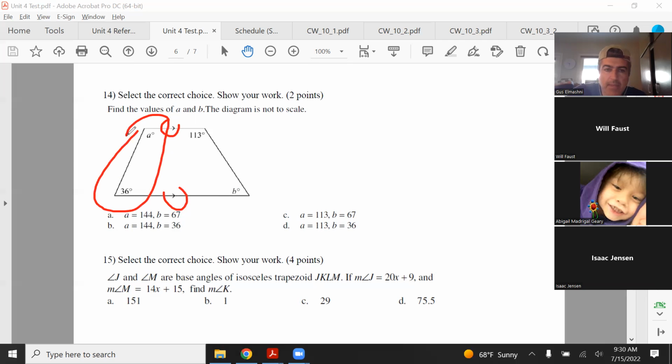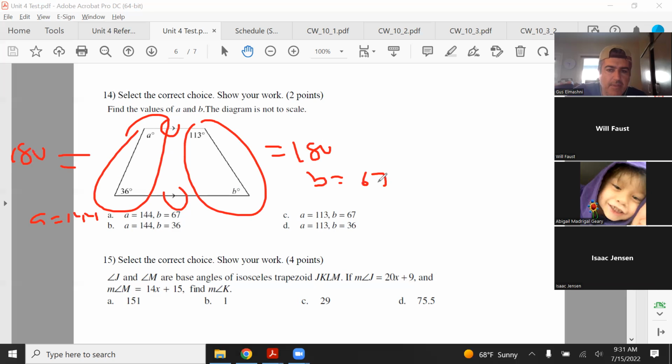These are going to add up to 180, and these will also add up to 180. So A is going to be 144 and B is going to be 67. So that's why you get A, 144 and 67. That's it.